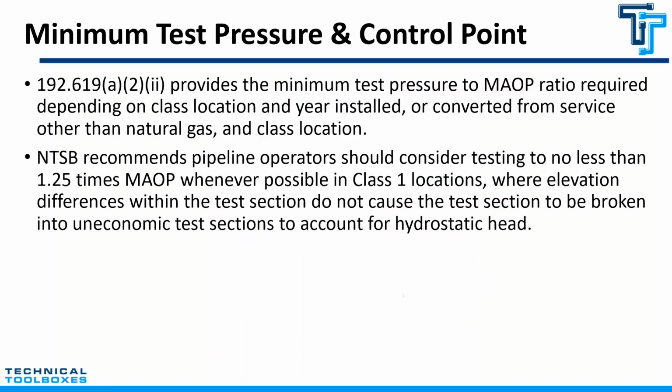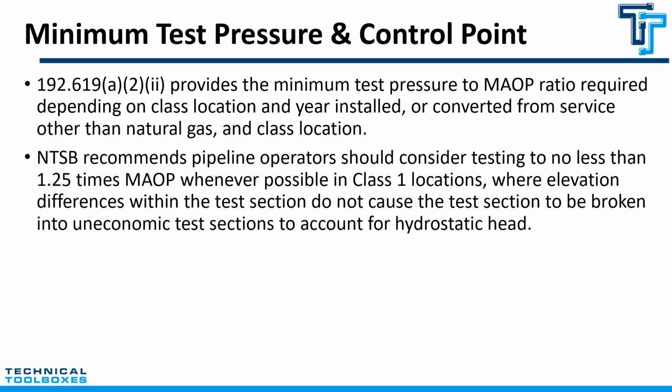So what does it say about the minimum test pressure and the control point? The minimum test pressure is governed by the CFR codes between 192 and 195. In 192.619, the table clearly covers the test factors and the test factor ranges for different kinds of pipe that are laid with the timeline and the location classes.